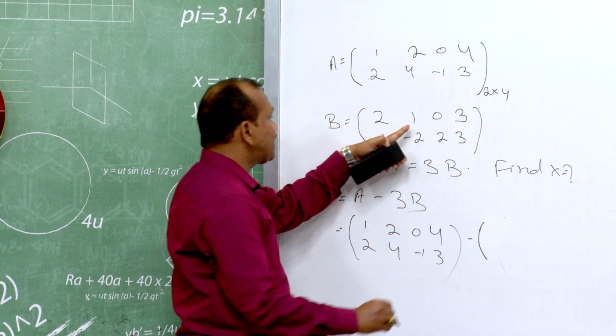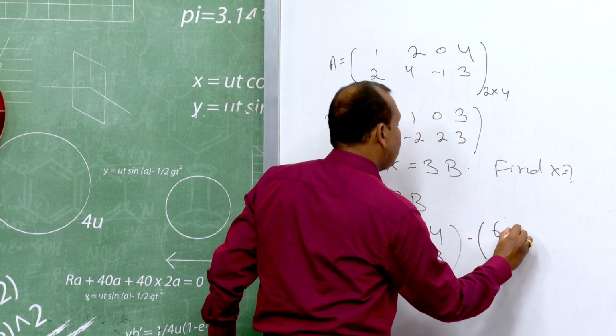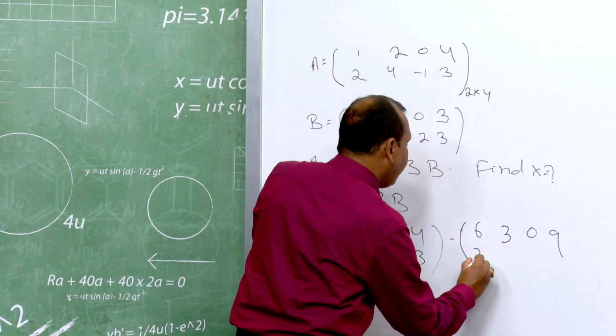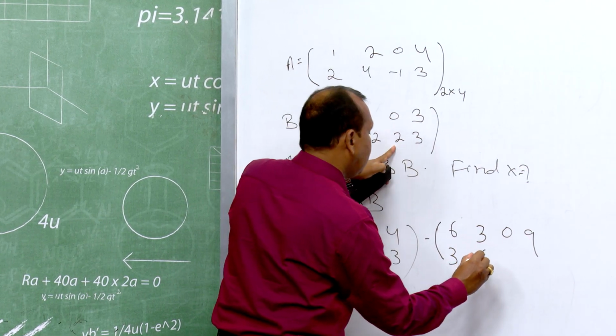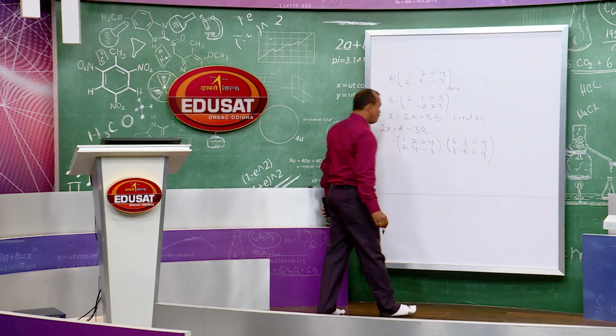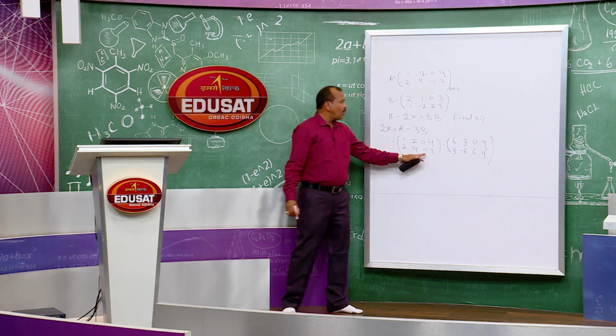We have 6, 3, 0, 9, 3, minus 6, 6, 9. This is a 2 cross 4 matrix.